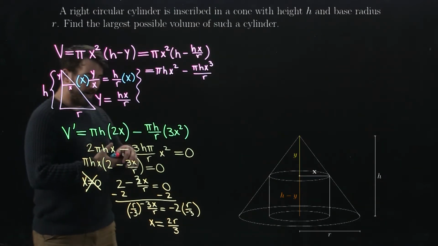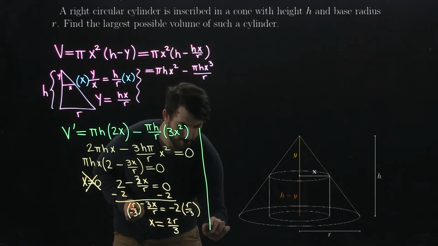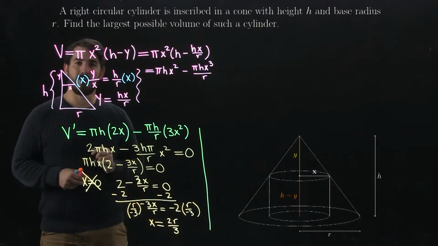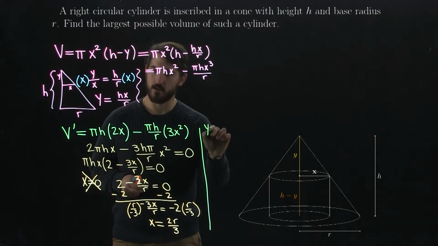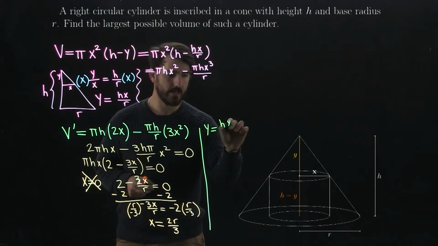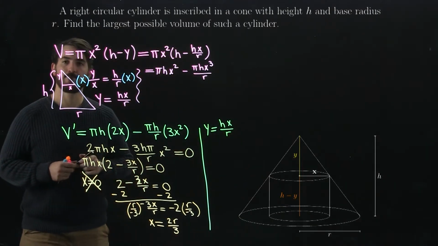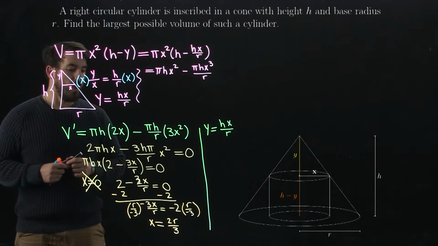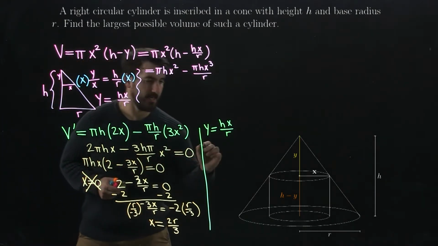Now, what does y have to be? Well, we know y equals hx over r. And we know x has to be 2r over 3, so let's put that in.